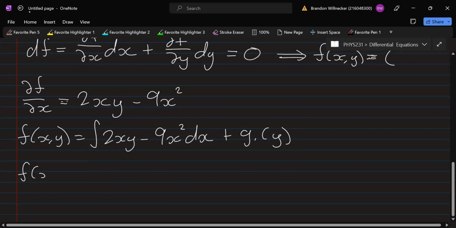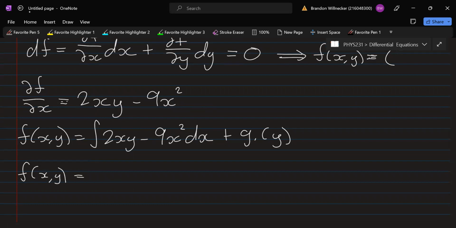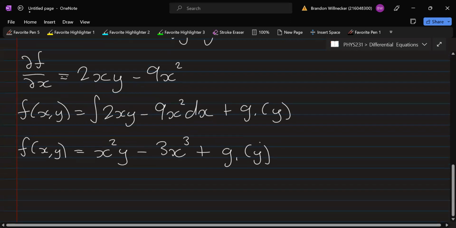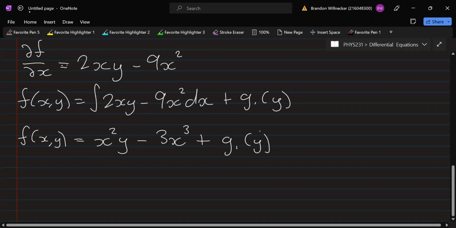Okay, so f of xy is going to be equal to x squared y minus 3x cubed plus this undetermined function of y. So that's the first part. Now we do the same thing with the y term.